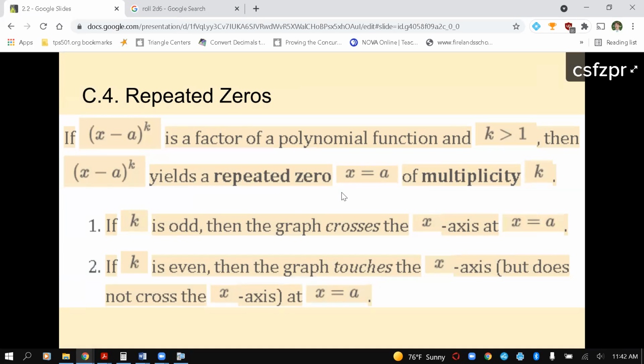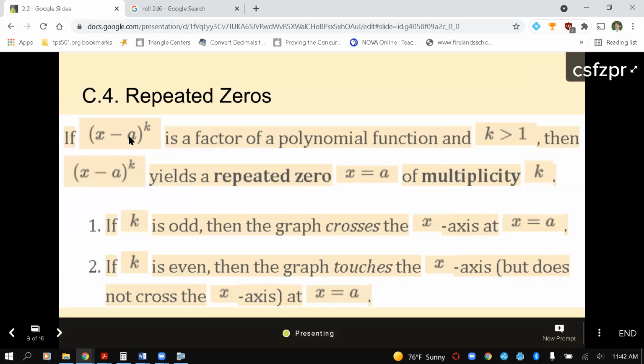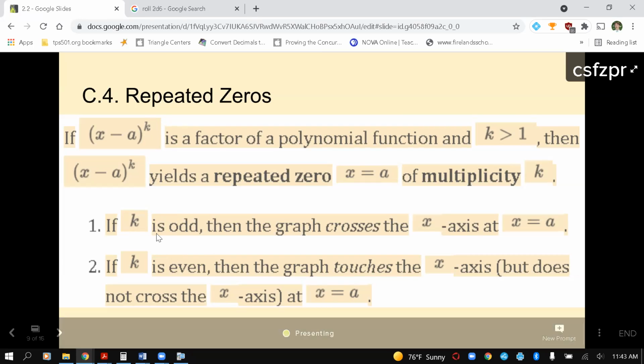Repeated zeros, or multiplicity. If x minus a is a factor multiple times, then you could write x minus a as a power of some number like k, in which case a is a repeated zero of your function. Whether or not your power is odd or even determines the behavior of the graph at that intercept.